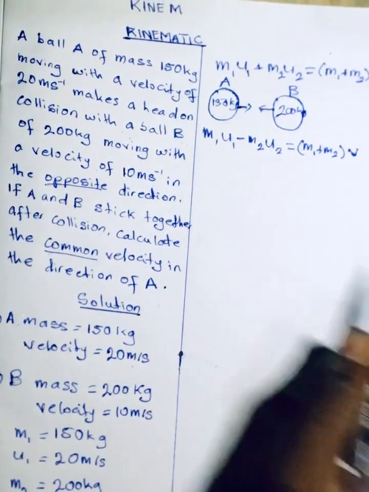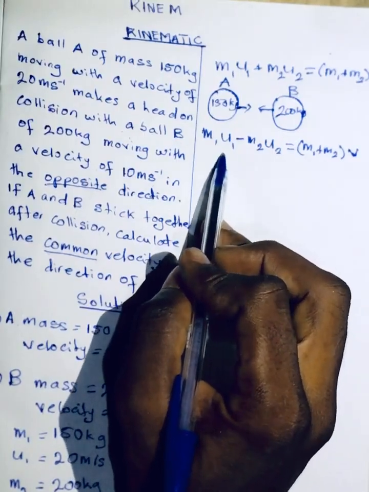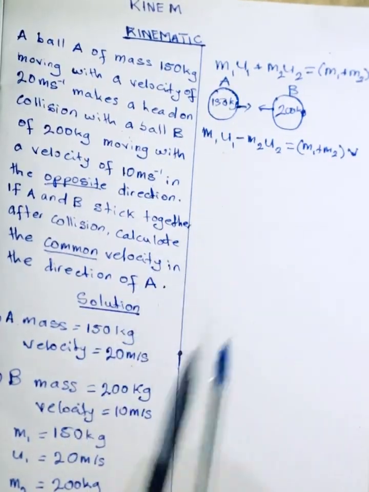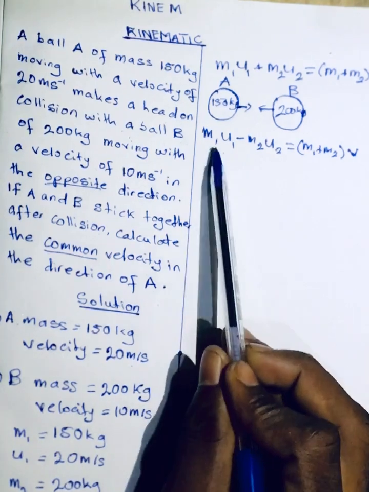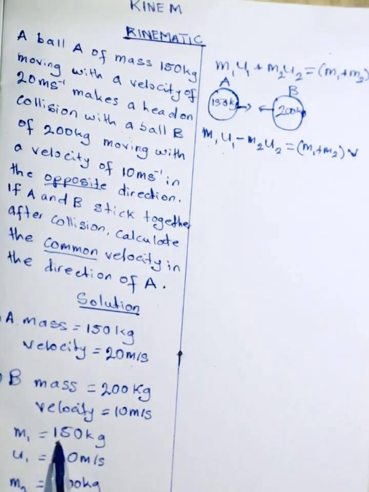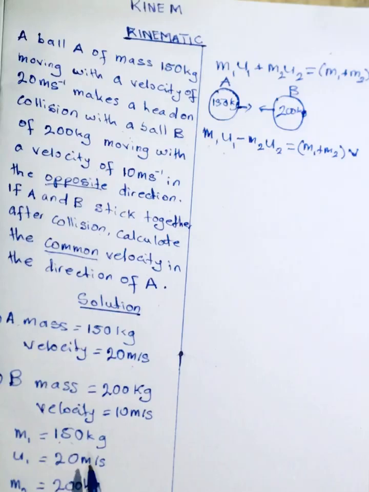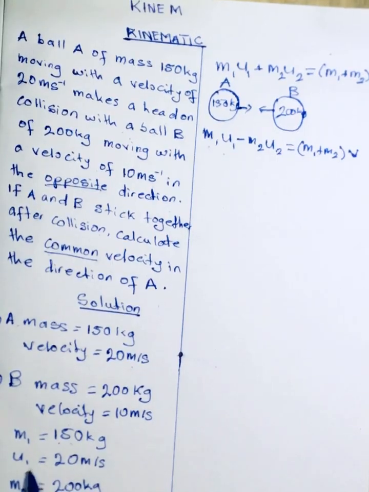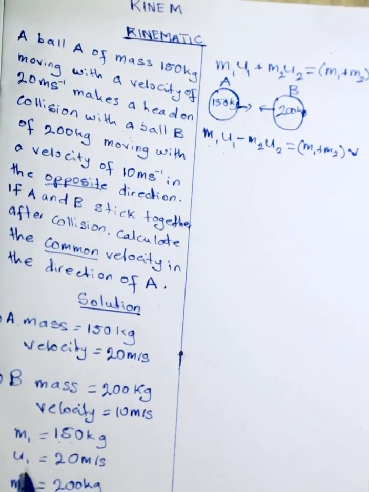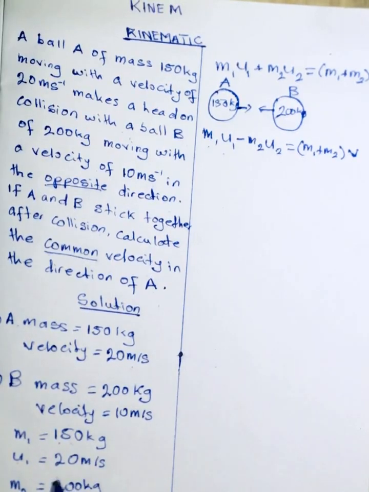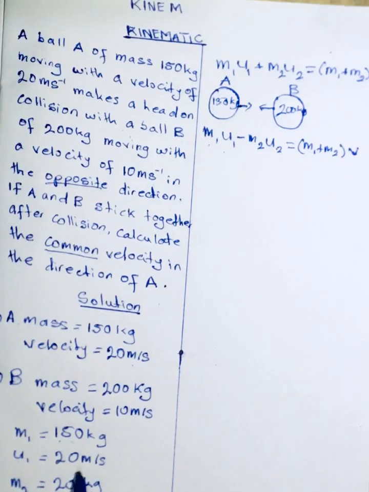The body A has mass 1 equal to 150 kilogram, and the initial velocity for body 1 is 20 meters per second.